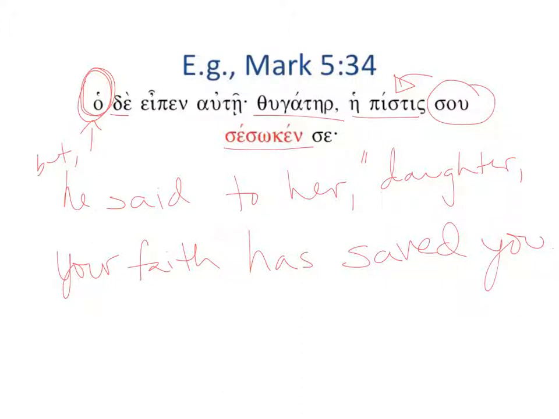Now, there's some question about what saving means here, because here it is an actual healing event. So it might be your faith has healed you, though it is from the word sozo, which means saved, but in Greek, and this is also important to know, the Greek terminology for salvation, sozo, is not a one-to-one correspondence to what the modern conception of saved is.